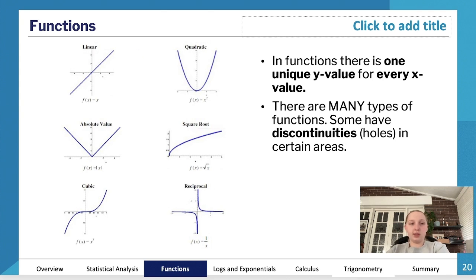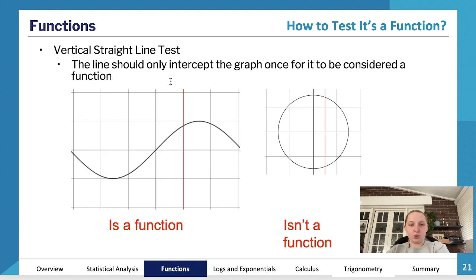So with these functions, we can test whether a graph is a function. And the way we do that is through the vertical line test. This is the test you use anytime you want to test whether a graph is or is not a function. When you draw a straight line down a graph at any and every single point on this graph, that graph will only intersect your straight line once.